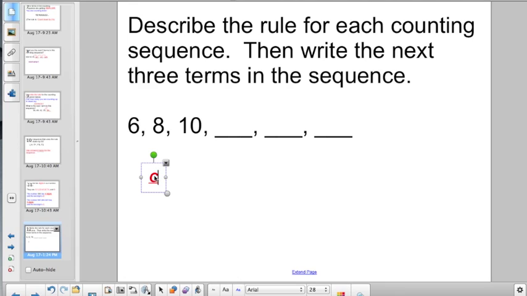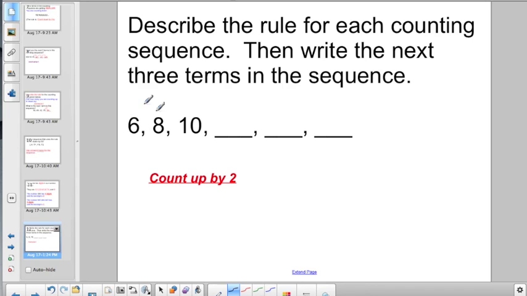Are the numbers getting bigger or are the numbers getting smaller? Numbers are getting bigger, Mr. Hines, you should be saying, so I know I'm counting up. I'm going to count up by how many? Well, 6 plus how many gives us 8. I am counting up by 2s, aren't I? That's my rule. So now that I have my rule, I can figure out the next 3 terms in this sequence, can I?